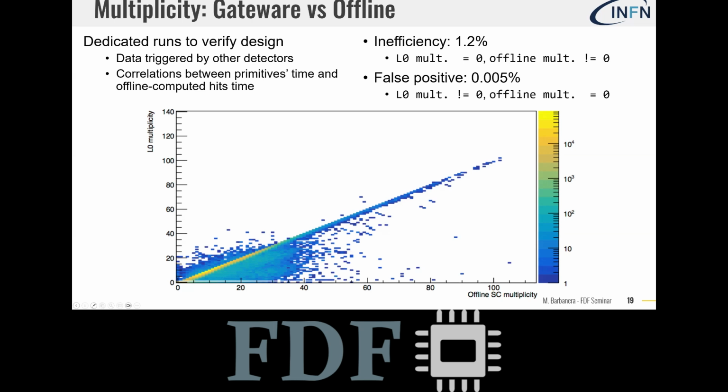And the other is that, since there are only 4 clusters per frame, it can happen that these frames are discarded. We flag it in the end of run comments, but it's not considered in this plot. So both can explain this inefficiency of 1.2%.